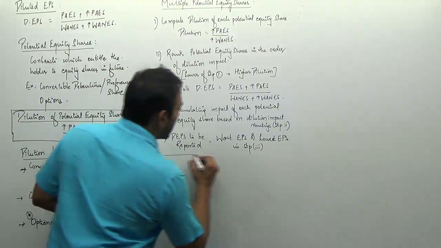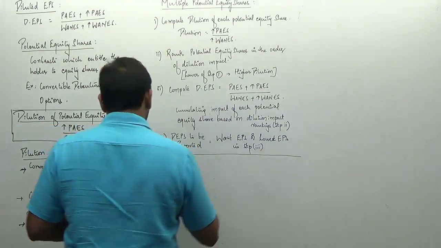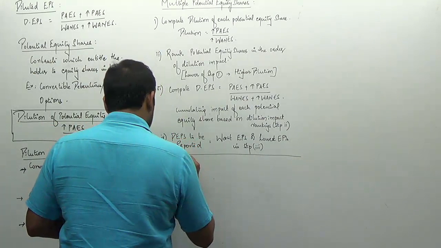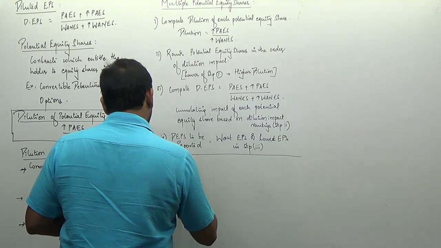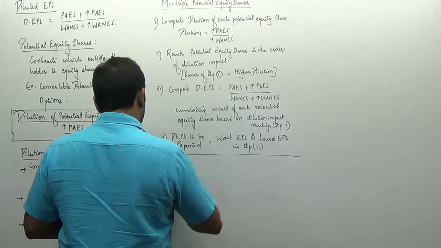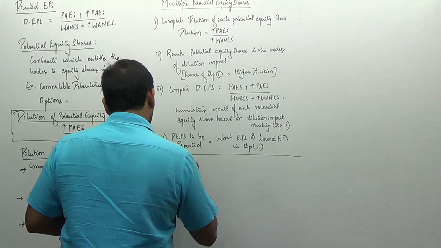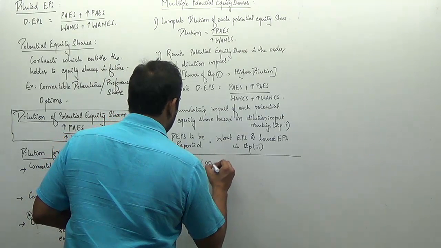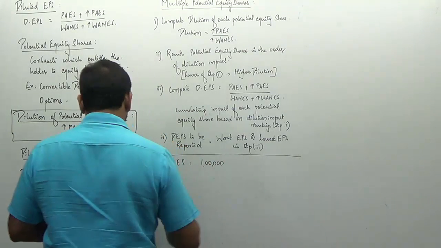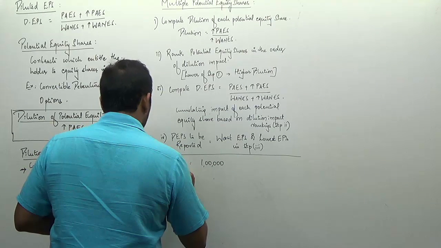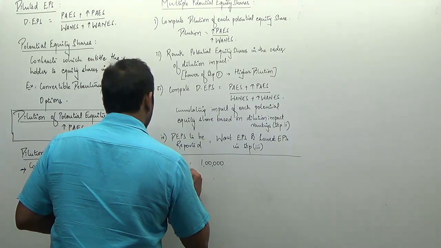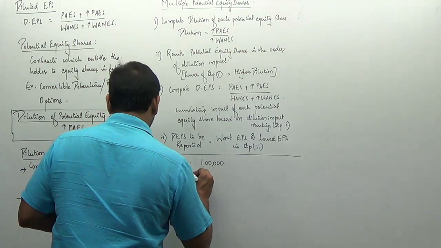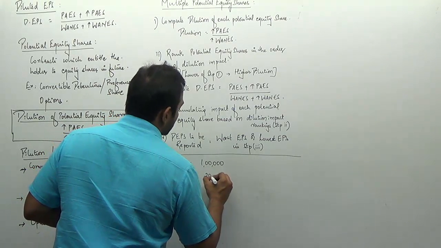Let's understand this with the help of an example. I'm taking a random example, guys. Let's say my PAES, profits available to equity shares, is 1 lakh. With my WANES, weighted average number of equity shares, is 20,000.